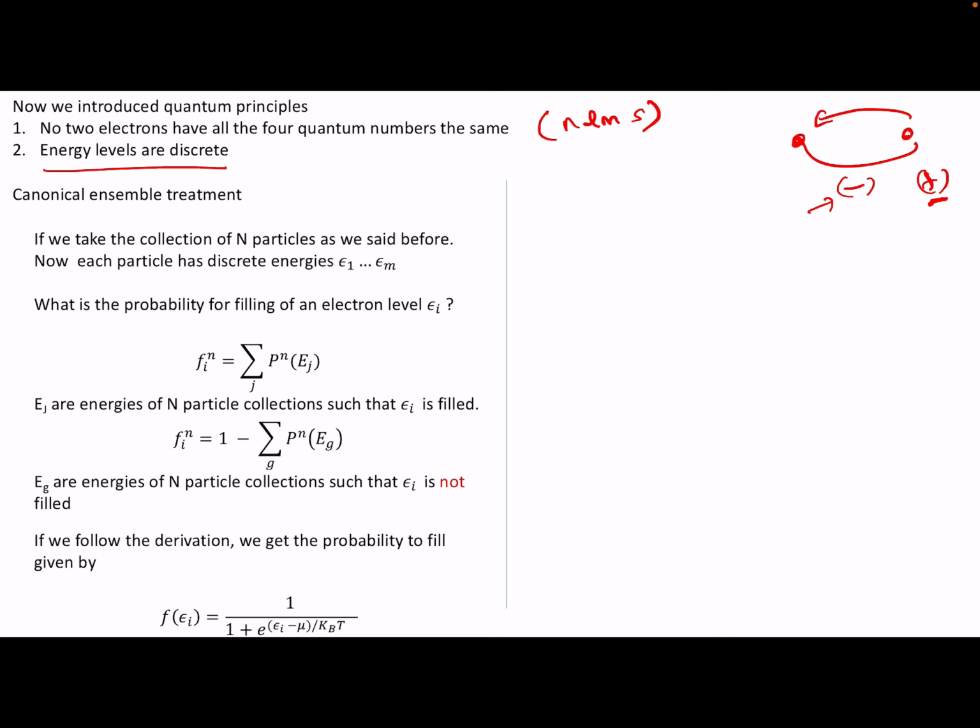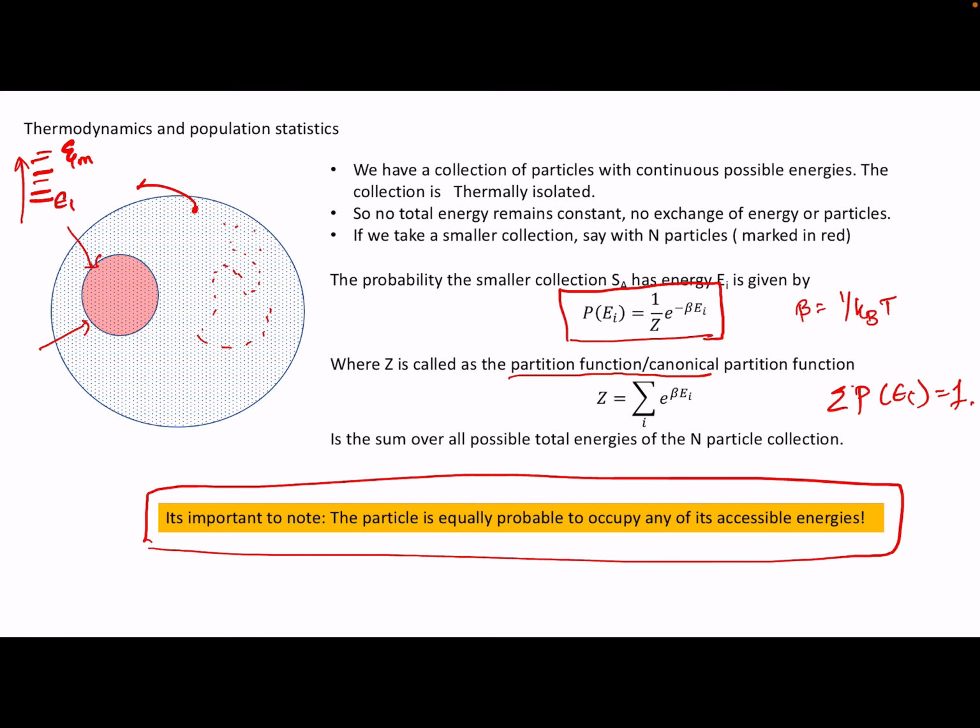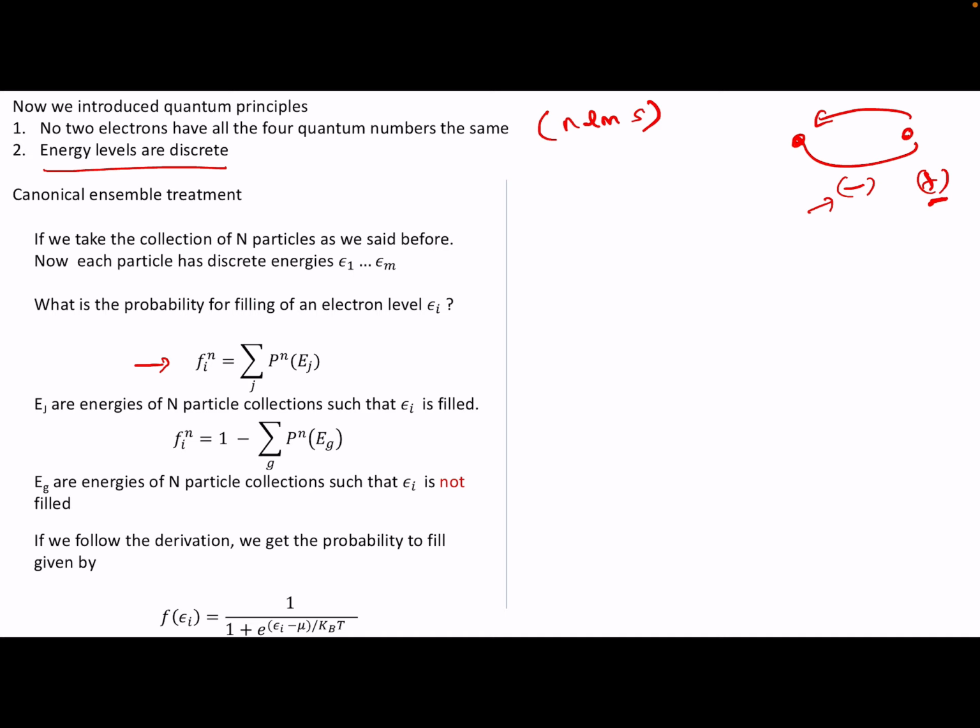Last time we dealt with the fermion. The way to find how the fermions are distributed in energy, we took the probability of filling a single energy level in the fermion. So let's say an electron can take some discrete energy levels, epsilon 1 to epsilon m, and we have several such particles in this collection.